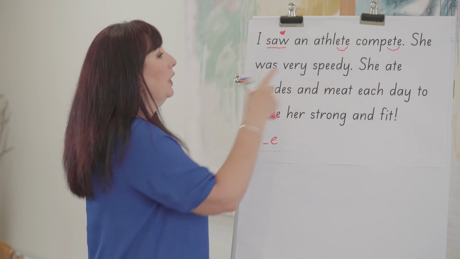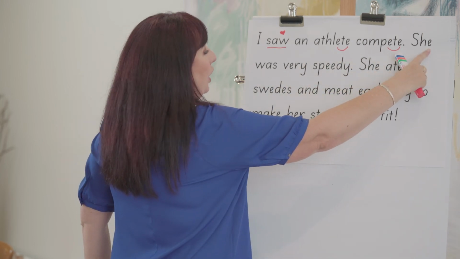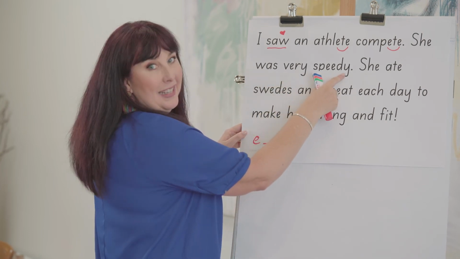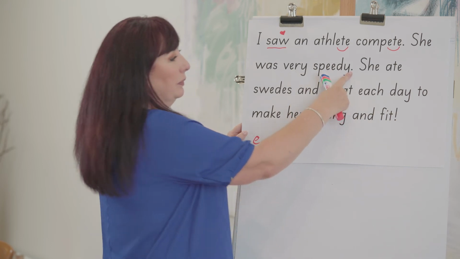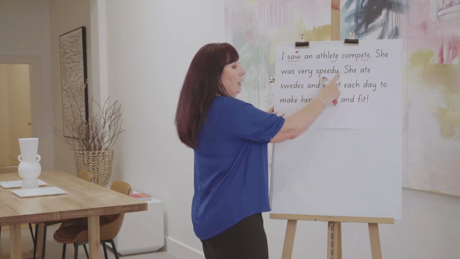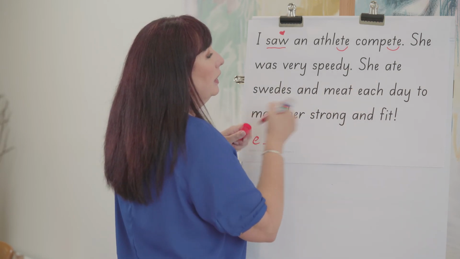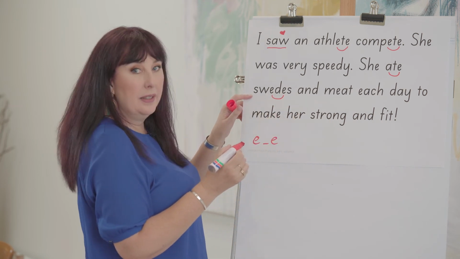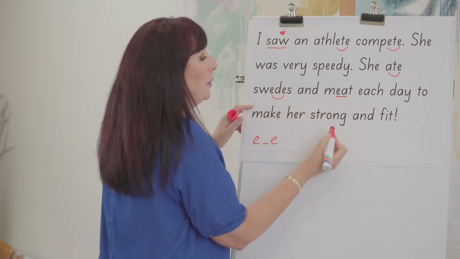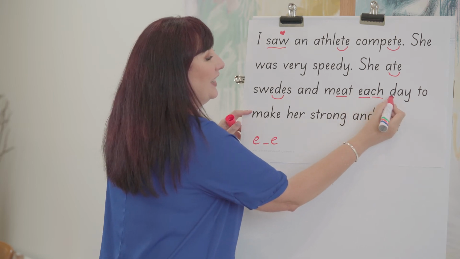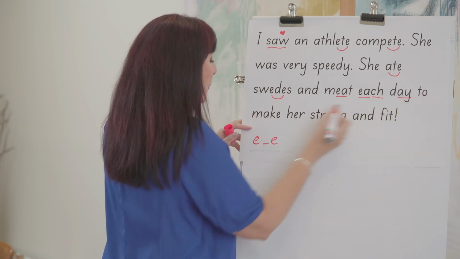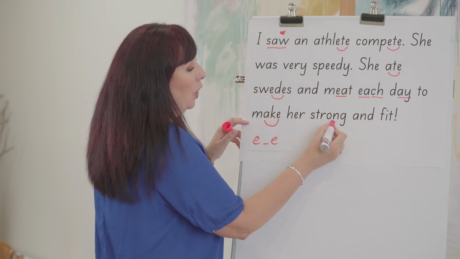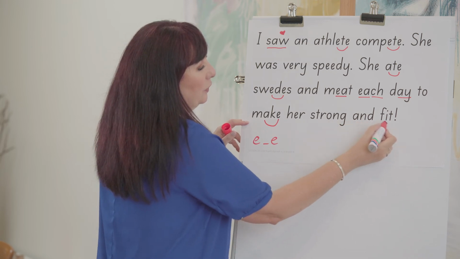She was very speedy. She was very speedy. Full stop. Take a breath. She ate sweets and meat each day to make her strong and fit.